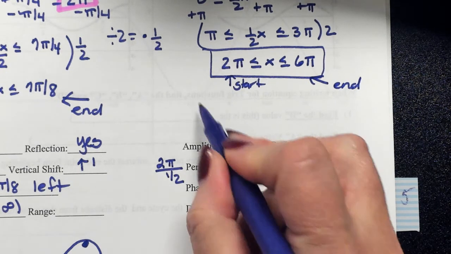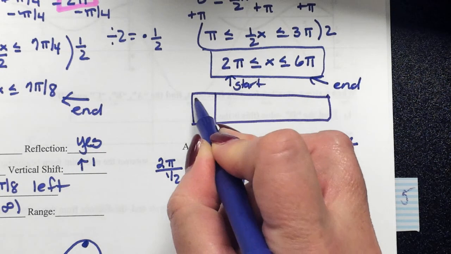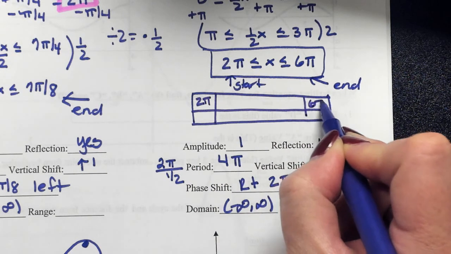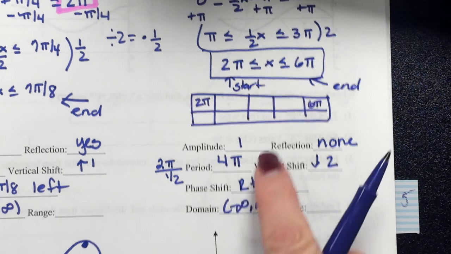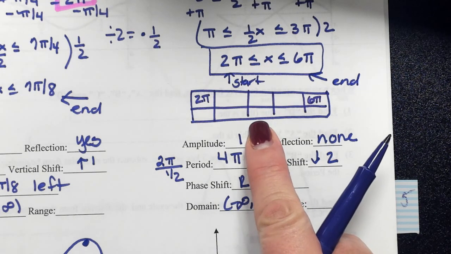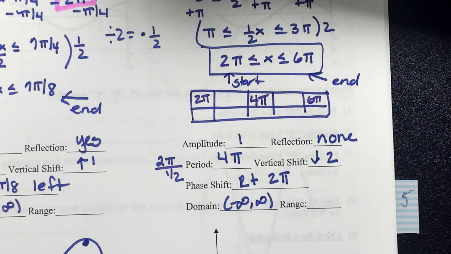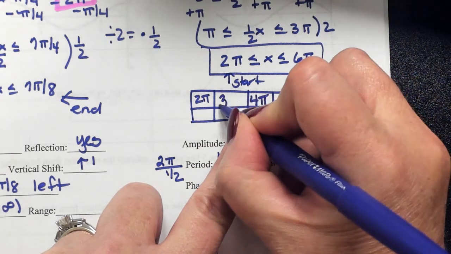So now, when you figure out the divisions along the x-axis, these are going to be much nicer than the other ones, because there are no fractions to start. What's the midpoint between 2 pi and 6 pi? 4 pi. What's the midpoint between 2 pi and 4 pi? 3 pi.